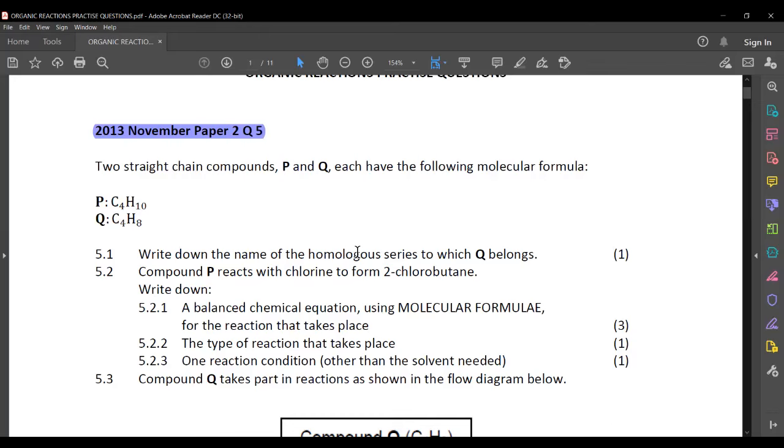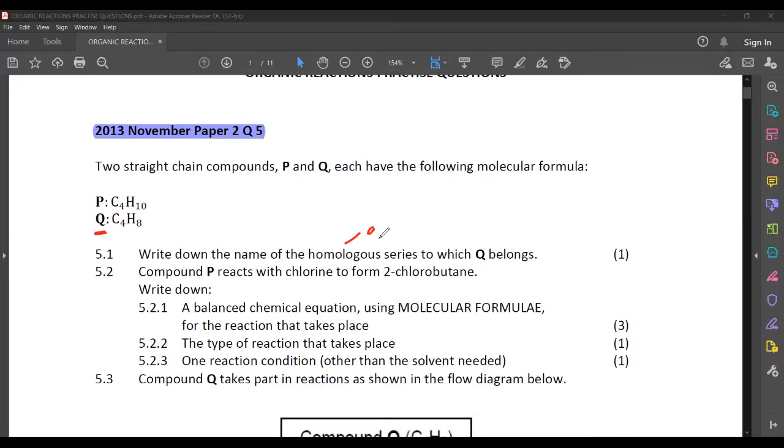Again, by looking at the formula, Q is definitely butene. I start with 5.1: write down the name of the homologous series to which Q belongs. Q belongs to alkenes. That's the name of the homologous series.